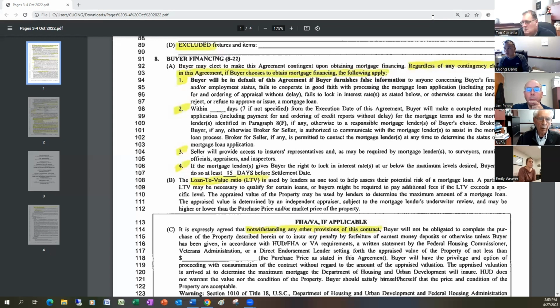Okay, so 1 is warning the buyer to not lie and just act in good faith and move along with the mortgage process. Okay, that's 1.